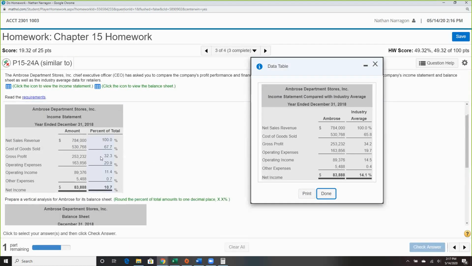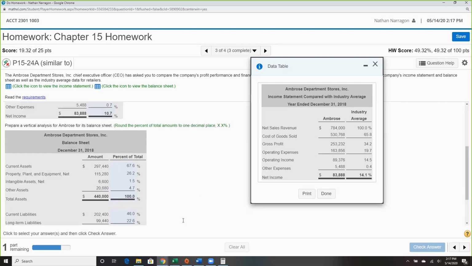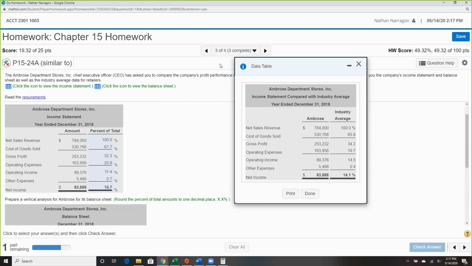Which is basically these two right here. Even though they say gross profit and profit margin, we already computed those in the vertical analysis, are both blank than industry average. Well, compare.